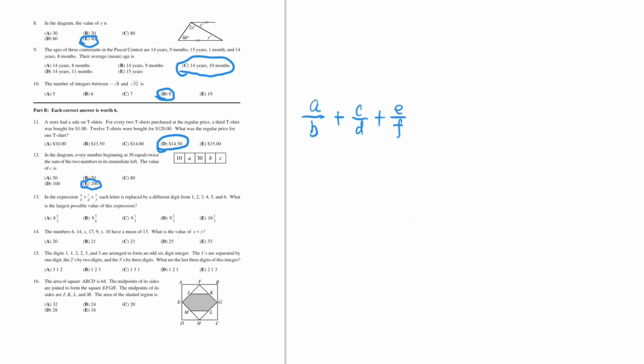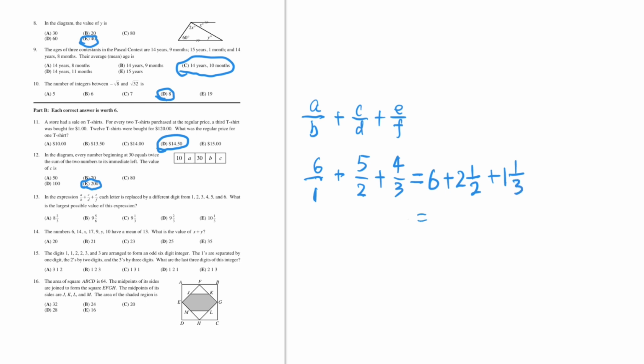The largest digits are 6, 5, and 4, so we put them as the numerators. For the denominators, putting the smallest digits will give us the largest value. So 6 over 1 plus 5 over 2 plus 4 over 3. That's 6, and 5 over 2 is 2 and 1/2, and 4 over 3 is 1 and 1/3.